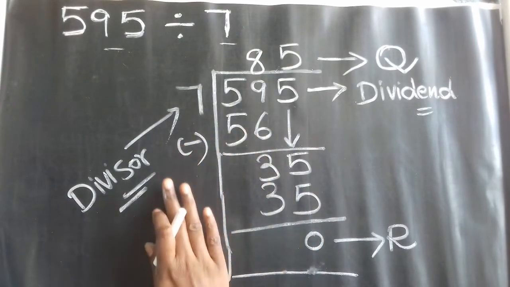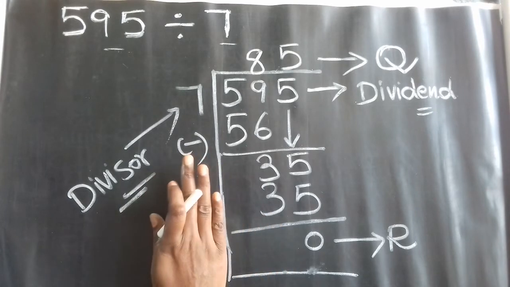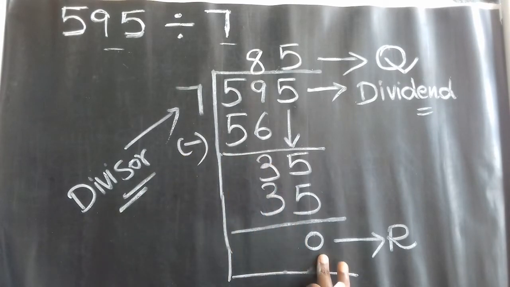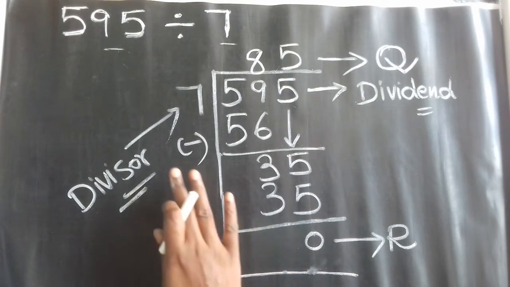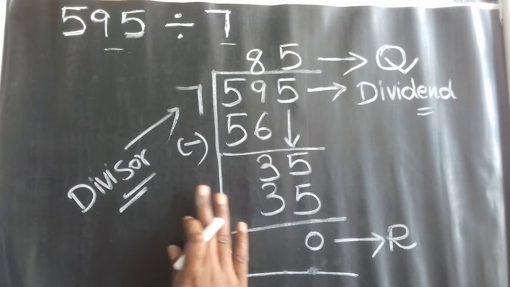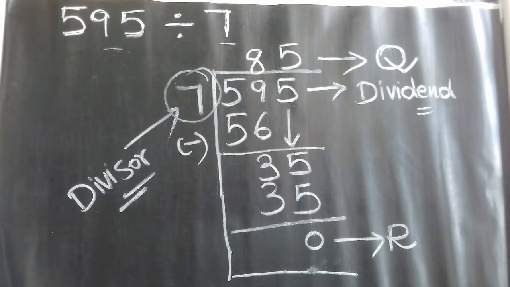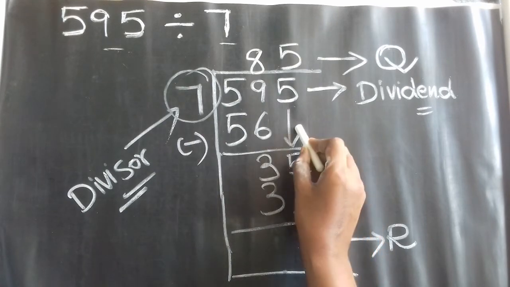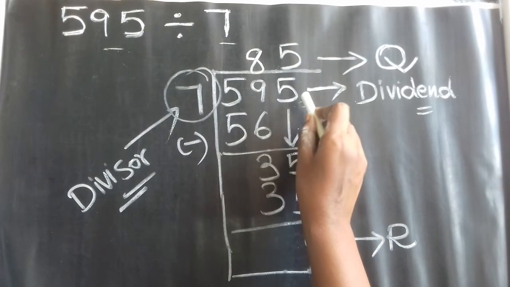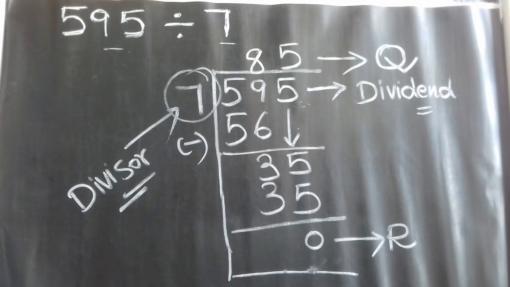When a divisor divides a number such that there is no remainder left, so no remainder left means the remainder should be 0, then the divisor is called the factor of the dividend. The divisor is called the factor of the dividend, and the dividend is called the multiple of the divisor.